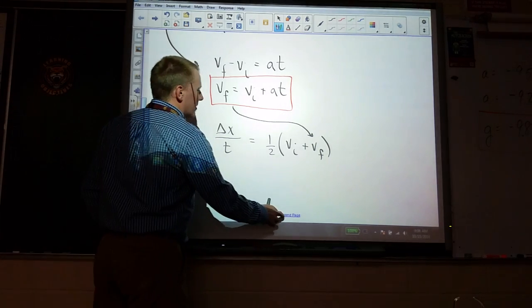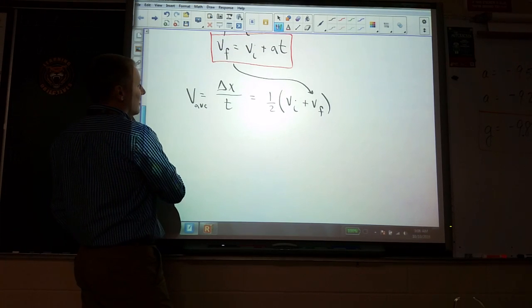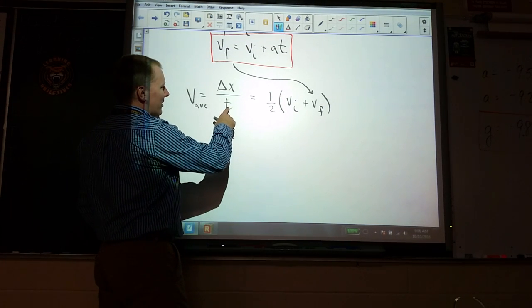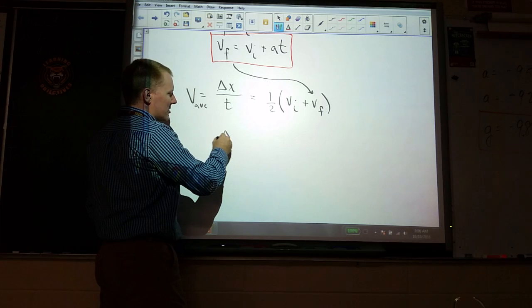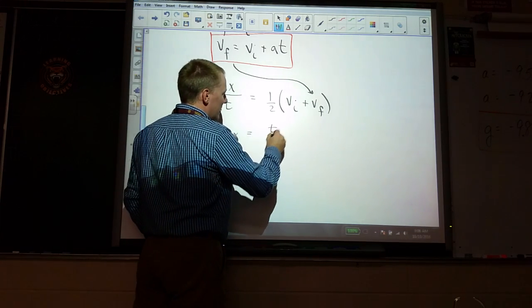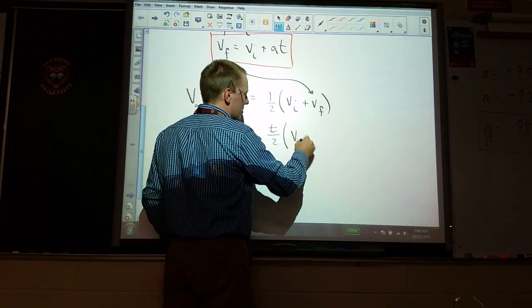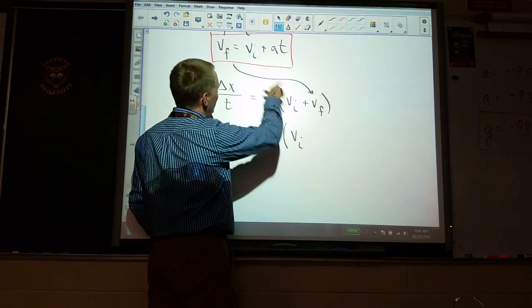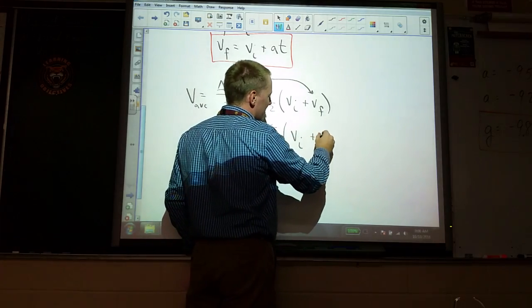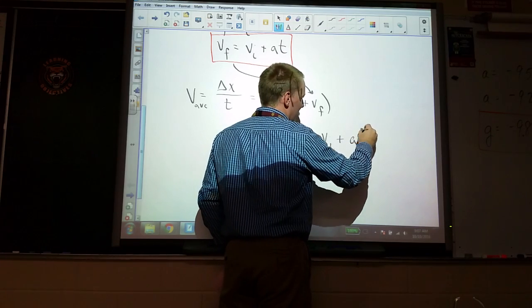So, to take our next step, I'm going to multiply through both sides by t, so that leaves just delta x over here. It gives me t over 2 times the quantity of now whatever is left in here, v initial from here, and now my substituted value of v final, which is v initial plus the acceleration times time.